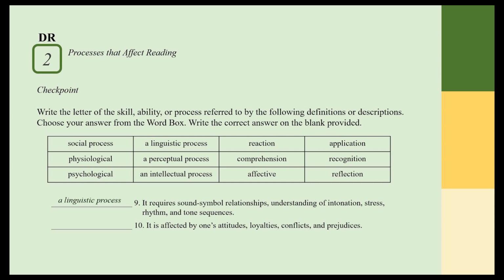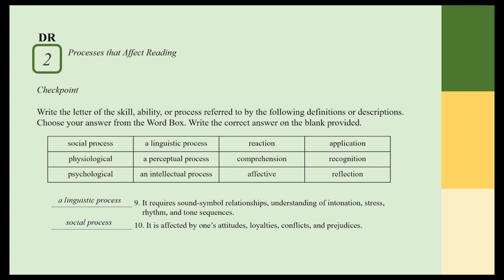And for item number 10, it is affected by one's attitudes, loyalties, conflicts, and prejudices. The correct answer is, it is a social process. So I think this is the very first angle with which we can view reading that we discussed in this video lesson. How many items did you get correctly?